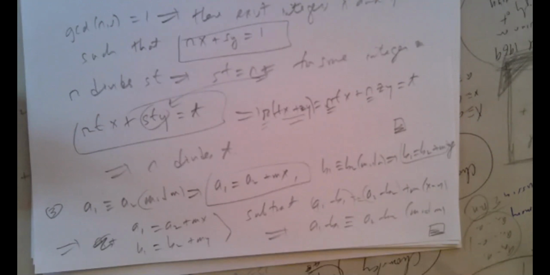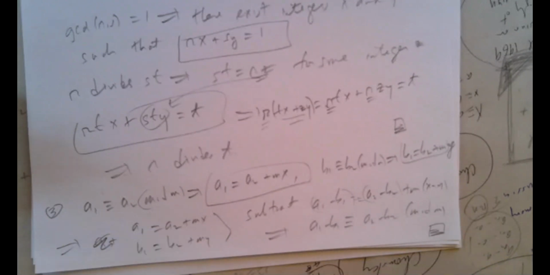Professor, for Maple, for question 4 for the final review, could you show how to do that? Which class? 156. Okay, which problem in 156? Question 4. Okay.